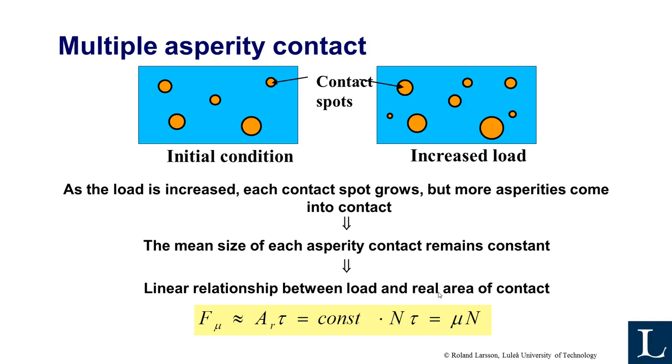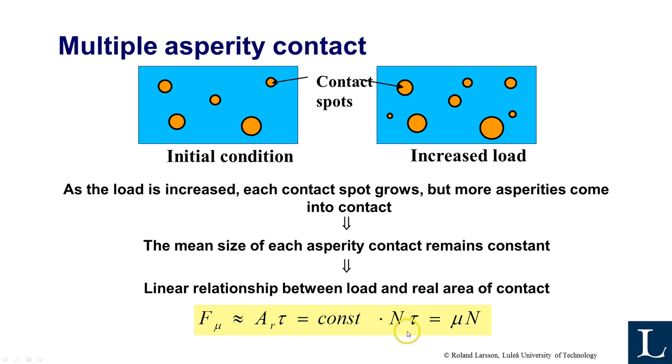So you can think about the friction law, like the Amontons friction law, Coulomb friction, is that the friction force is approximately the real area of contact multiplied by the shear strength of each contact spot, the stress required to overcome, to start sliding in the contact. And if there is a linear relationship between load and real area, that means that the real area of contact is a constant multiplied by the normal load, and then multiplied by the shear stress again.